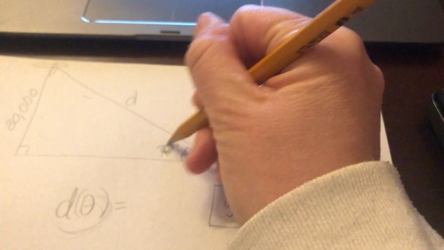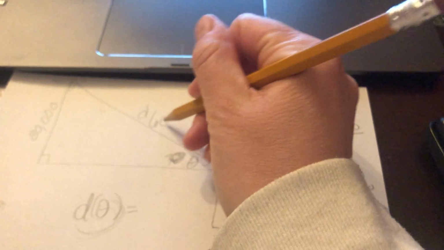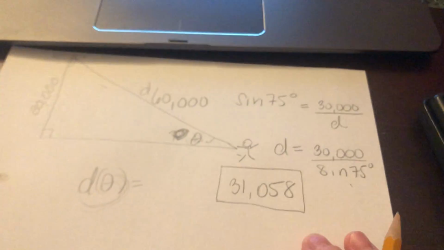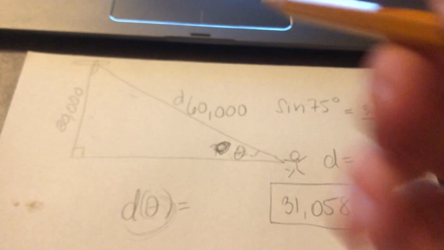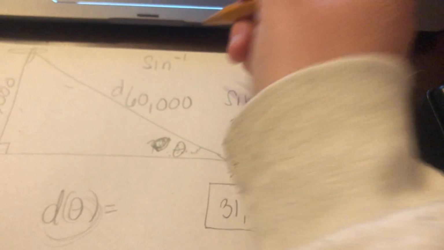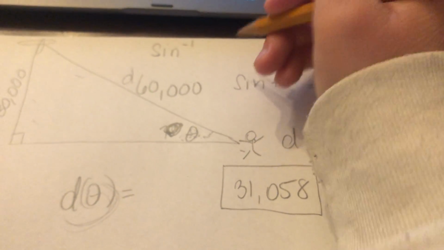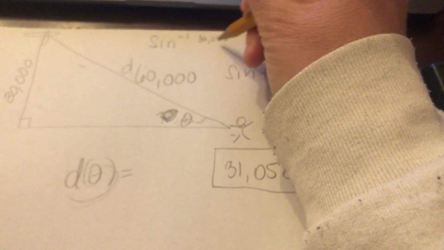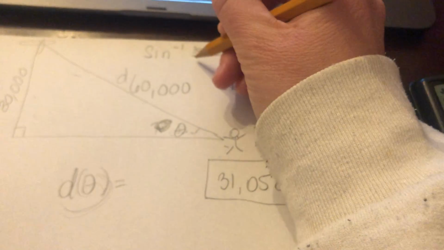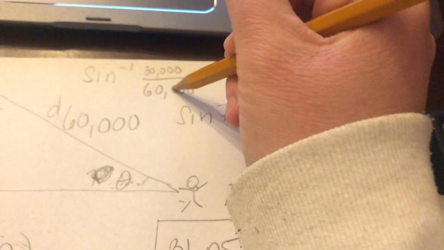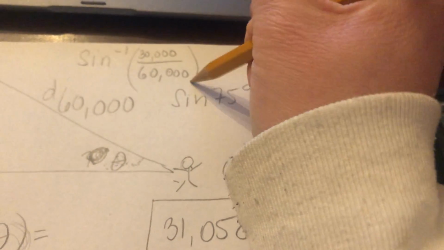So now we don't know what this angle is. They're saying, I want D to be 60,000. What angle will give me that? So I'm going to use my inverses. I'm going to do the inverse of sine of opposite, 30,000, over hypotenuse, 60,000, which is the same thing as 1/2.